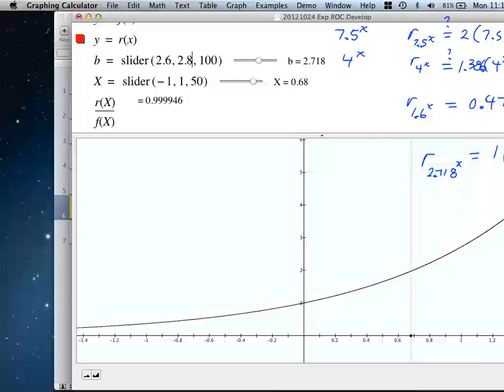Okay, so this number is actually a number like pi. It's an infinite non-repeating decimal. So this is only an approximation up to the thousandth place. It's actually 2.718281828459.